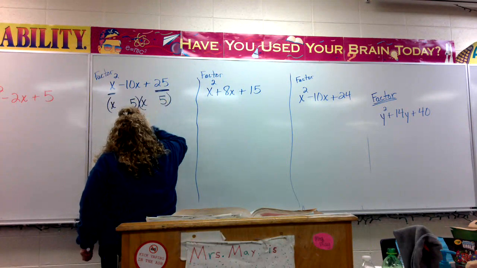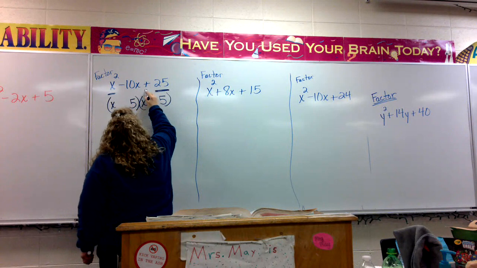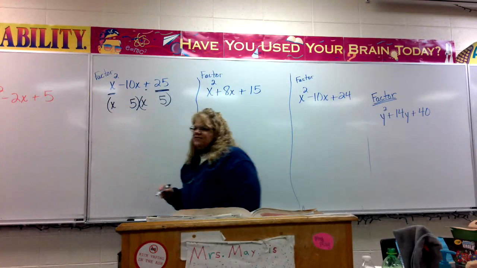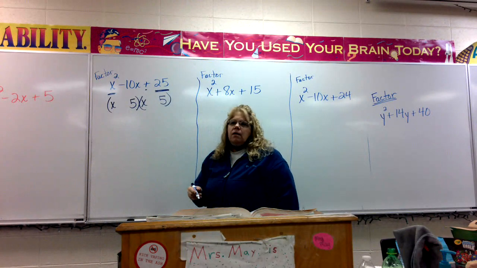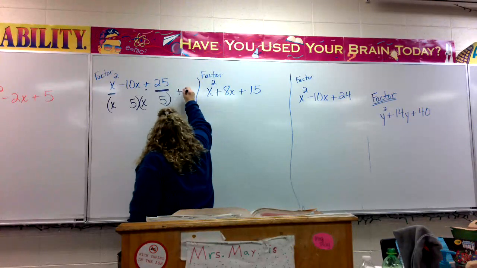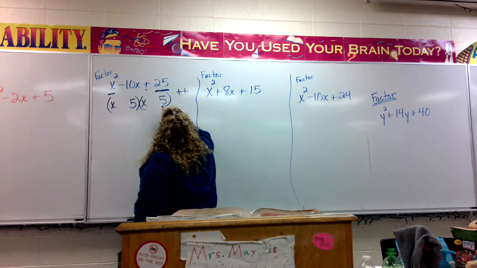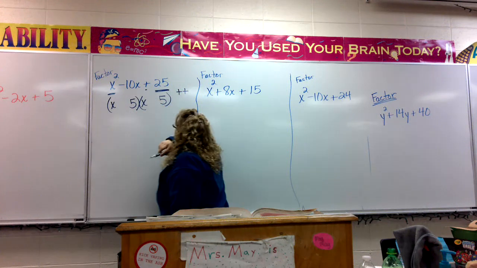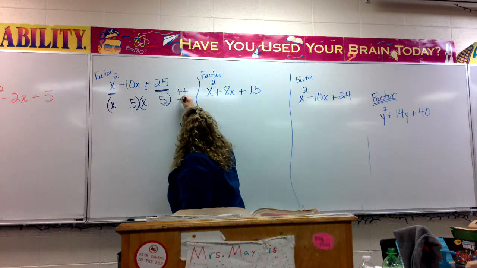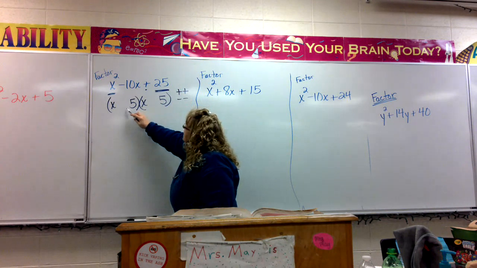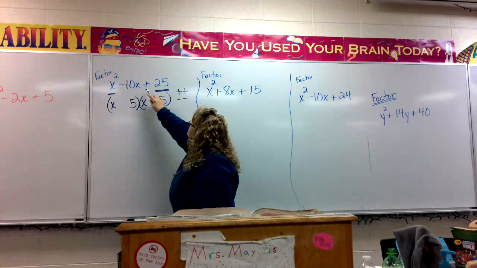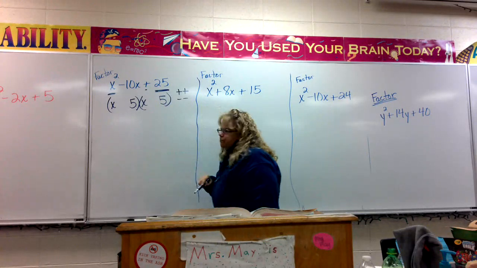And then we looked at the signs. How do you multiply two things and get a positive? Either a positive times a positive, positive 5 times positive 5 is positive 25, or negative times negative. Negative 5 times negative 5 is positive 25.